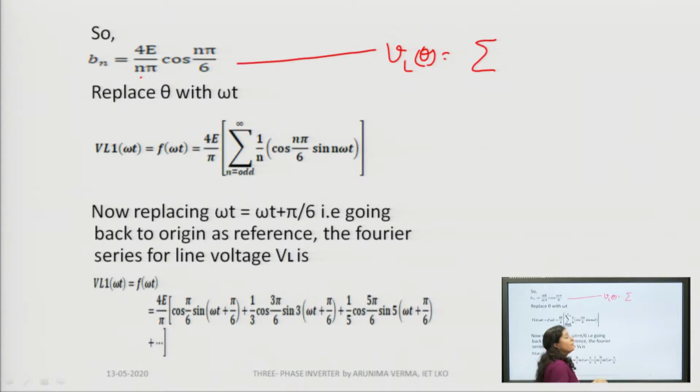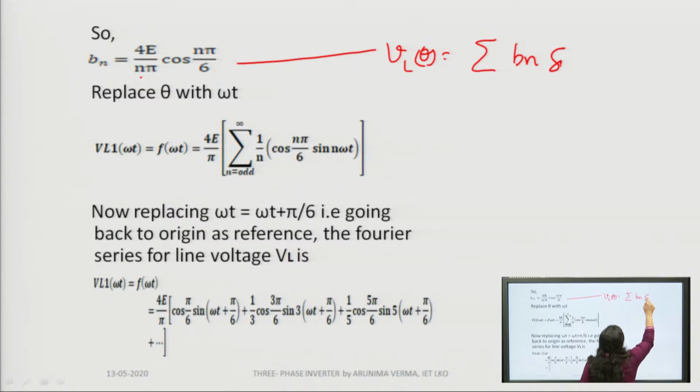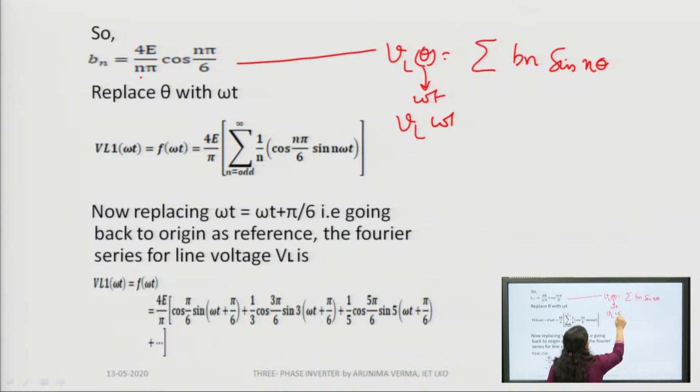Obviously, we have just Bn to be calculated, which we have already calculated. Now, we are going to substitute this value of Bn with sin n theta, and replace this theta with omega t.